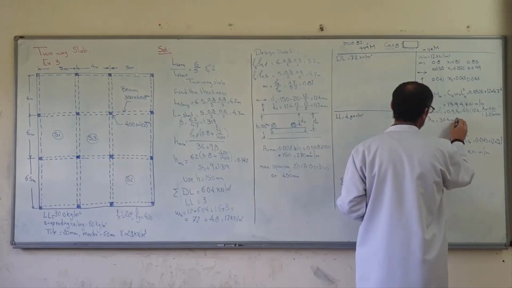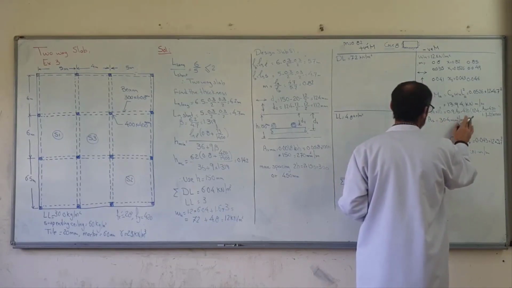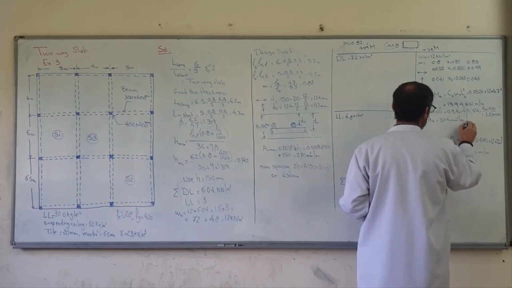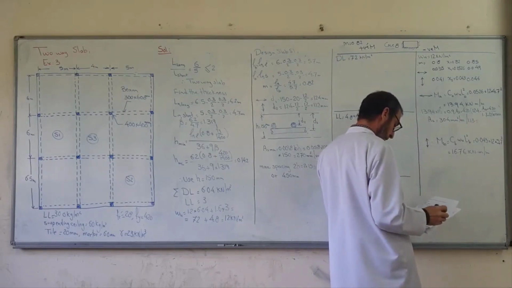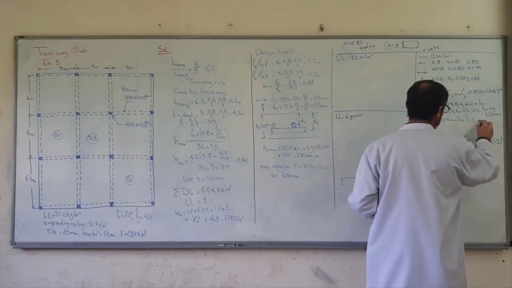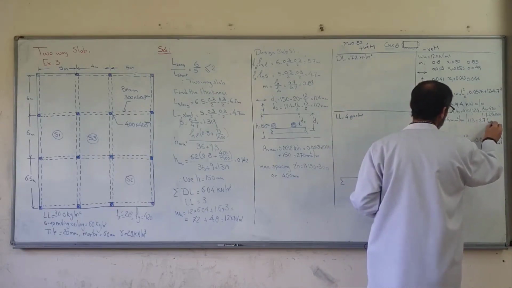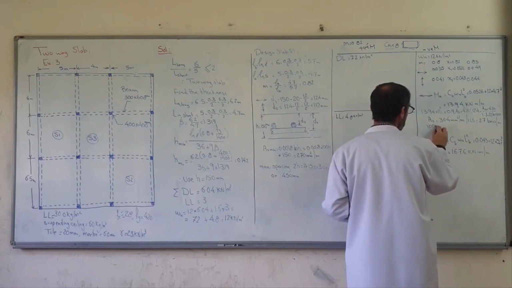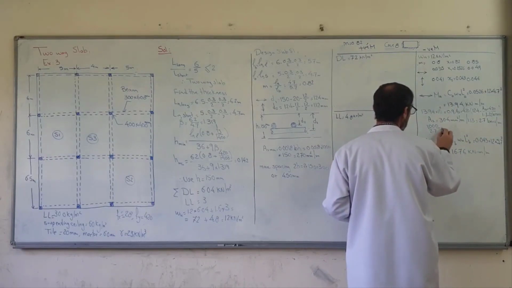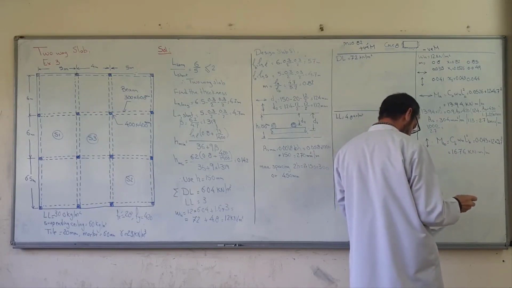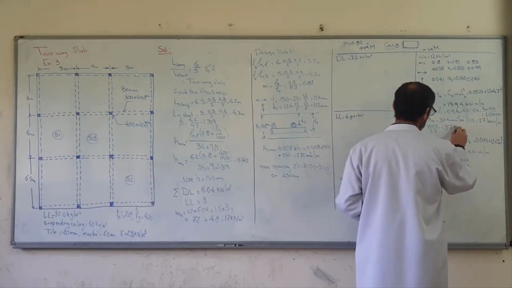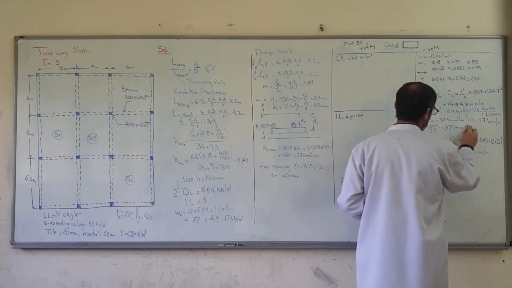AS in millimeter square per meter, divided by the area of one bar phi 12, gives 2.7 bars per meter. Then the spacing is in millimeters center to center.